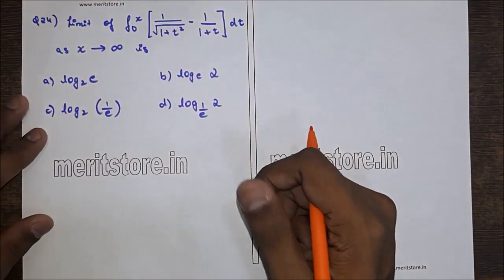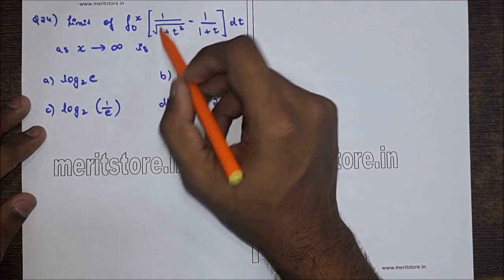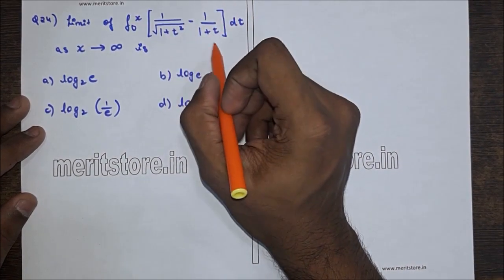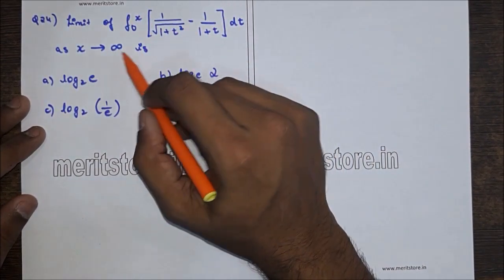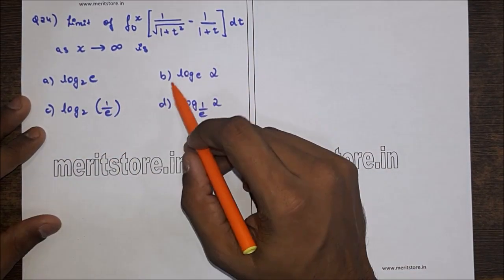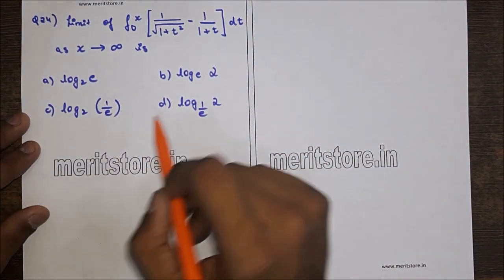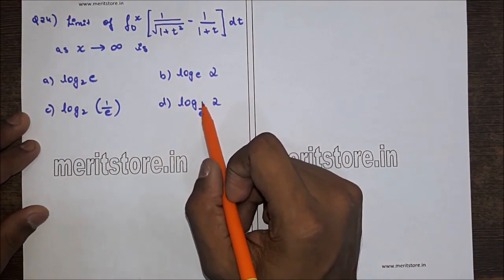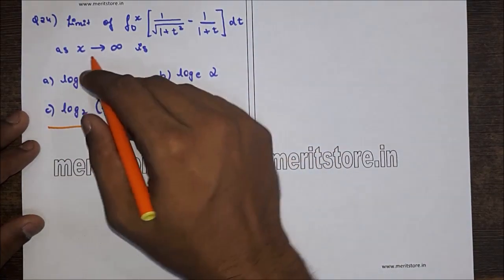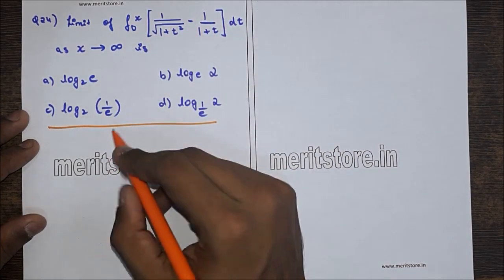Limit of the integral of 0 to x of (1 by root of (1 + t²) − 1 by (1 + t)) dt as x tends to infinity is: a) log 2 to the base e, b) log of 2 to the base e, c) log of 1 by e to the base 2, or d) log of 2 to the base 1 by e. So we could write this by applying the integral to each term individually.